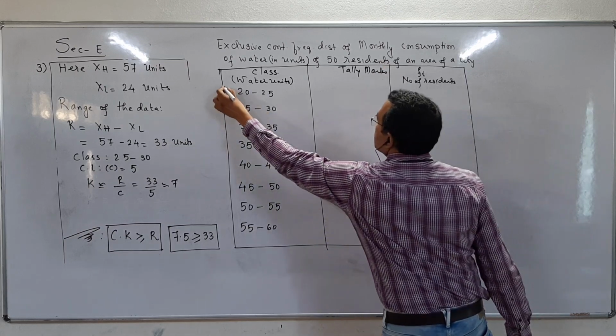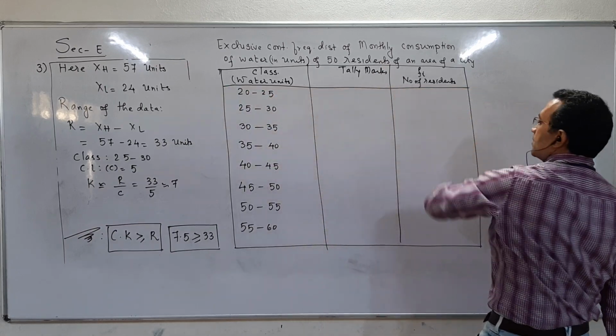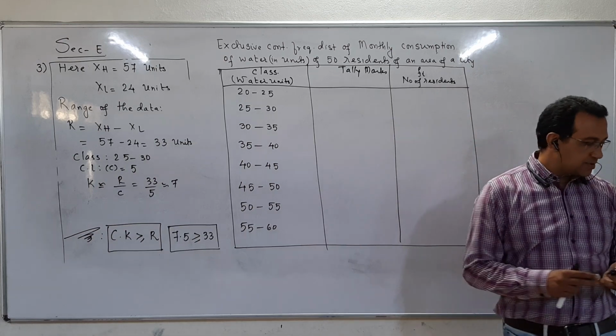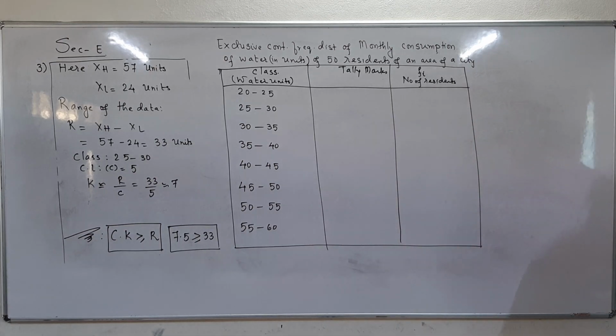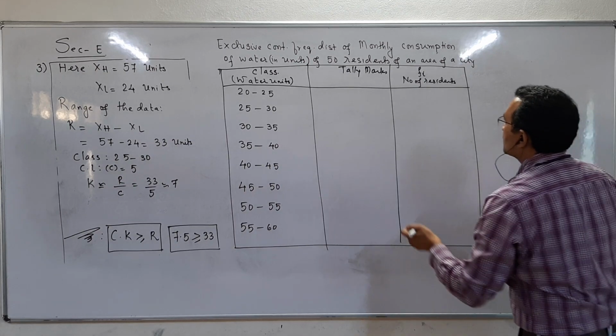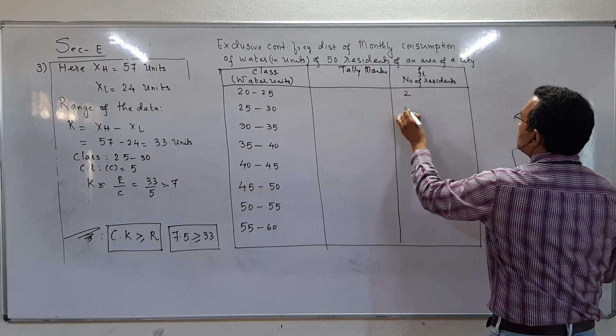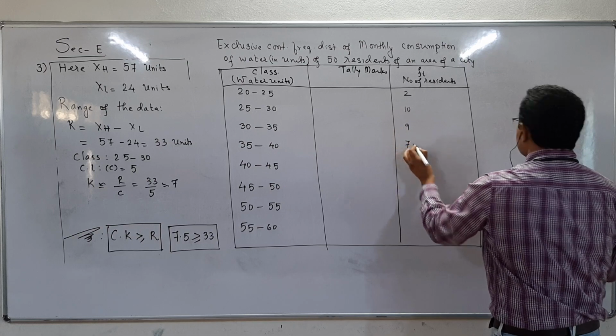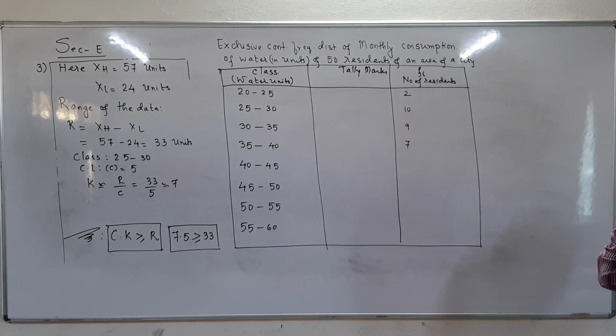This time I will increase the breadth. Now tally marks, all of you know. So I am telling the frequency: 2, 10, 9, 7, then 10, 5, 3, 4.